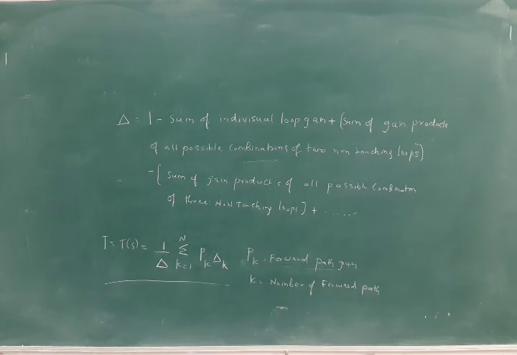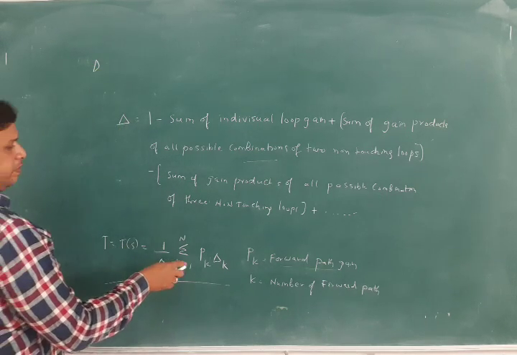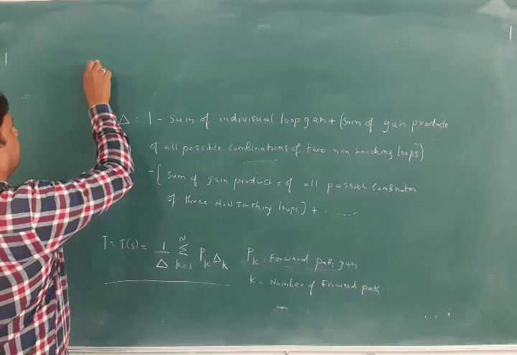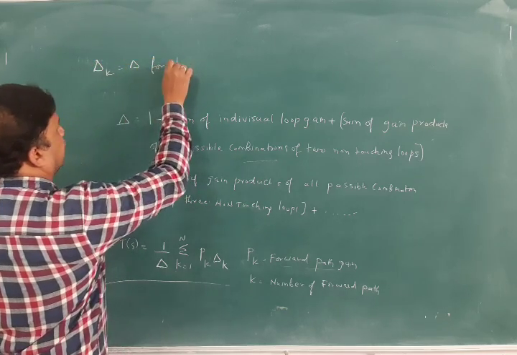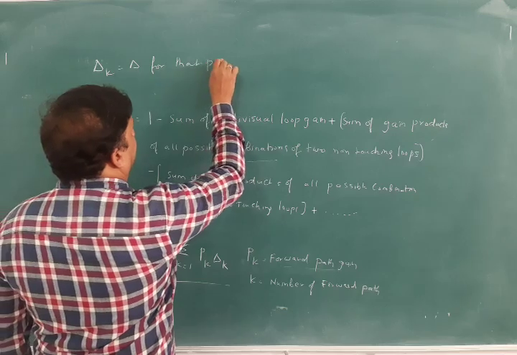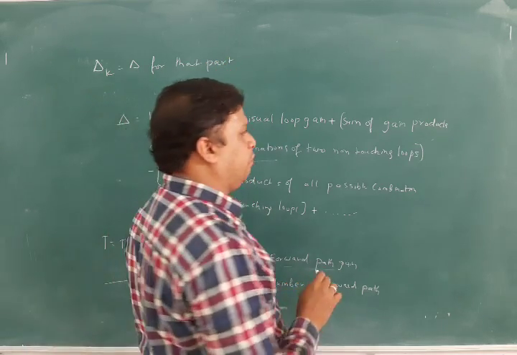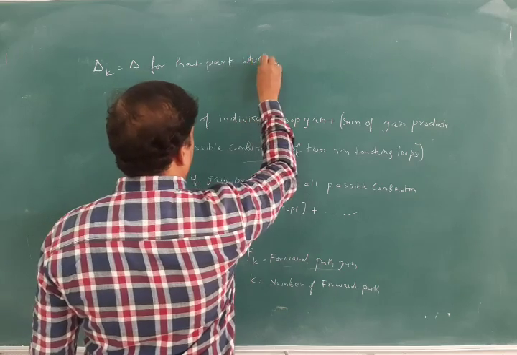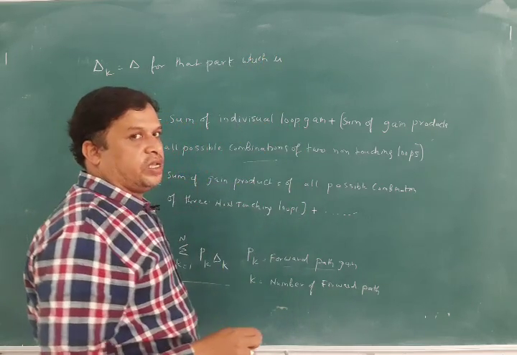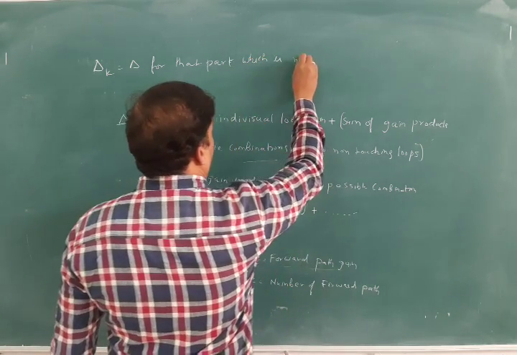And also delta k is delta for that part of the graph which is not touching the kth forward path.